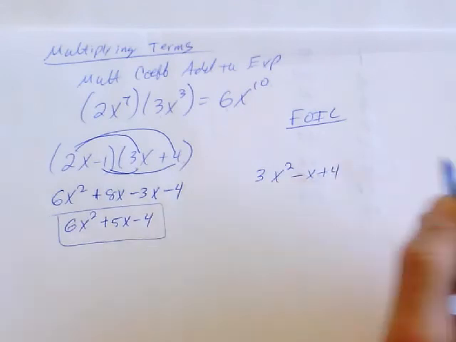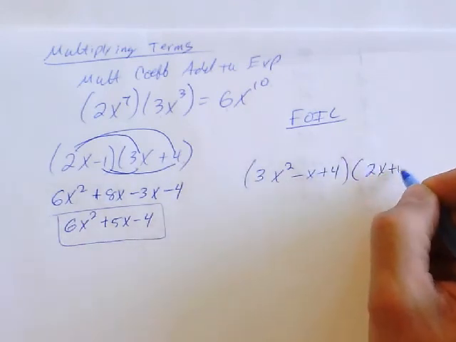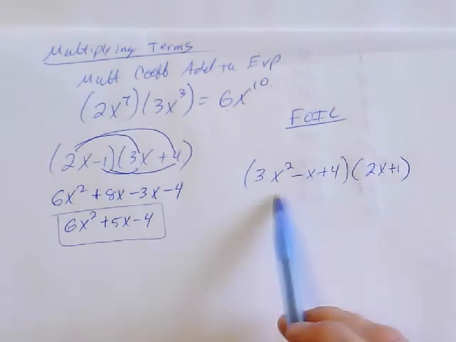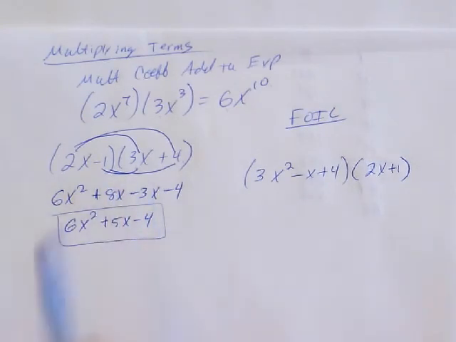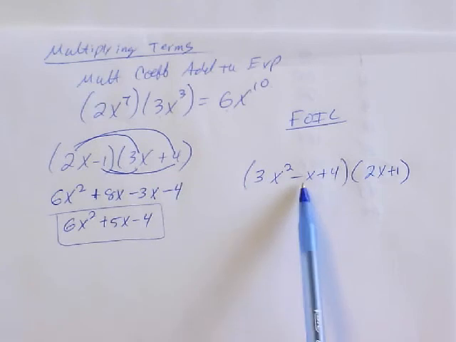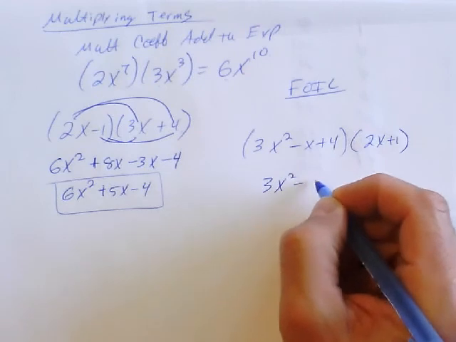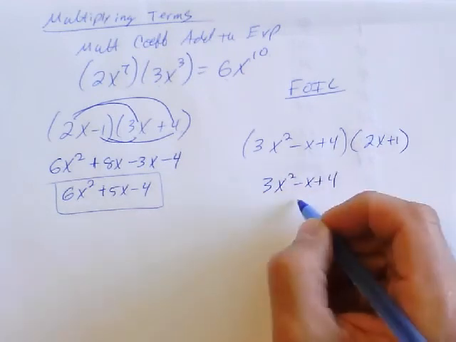Now if you wanted to beef it up a little bit more, 3x squared minus x plus 4 times 2x plus 1. Now here I don't like to do that whole double distribution or FOIL method, because here you've got firsts, outers, inners, and then you've got middles and all this other crazy stuff.